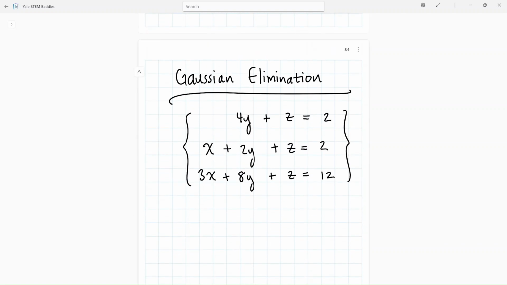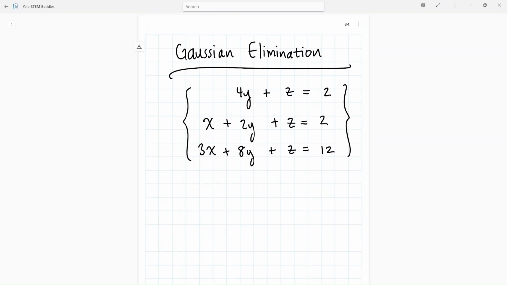Today's video is going to be about Gaussian elimination. We're going to use Gaussian elimination to solve this system of linear equations. The first thing I want to do is put this system into matrix form.